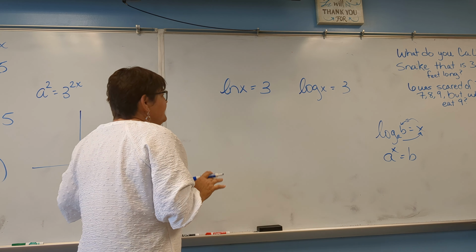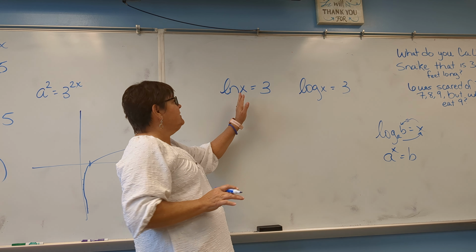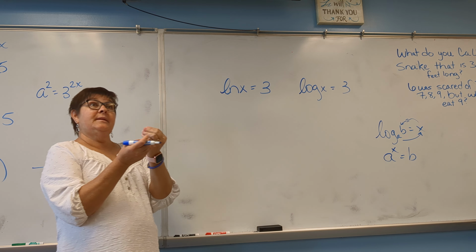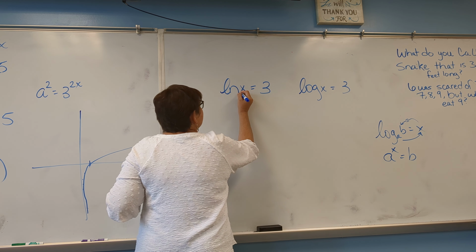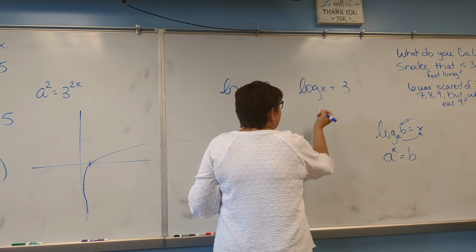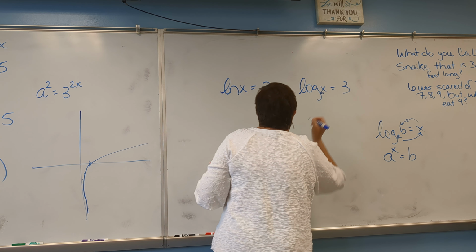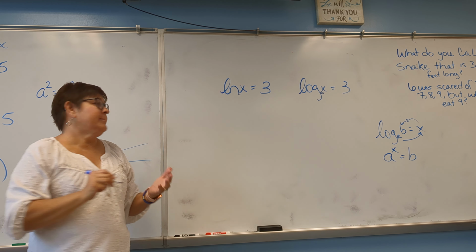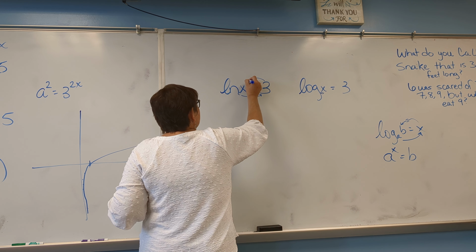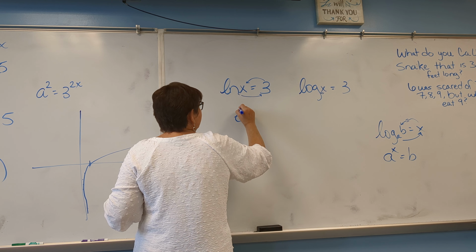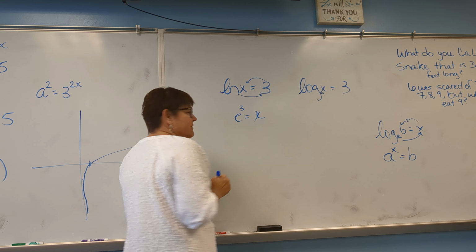So if I'm looking at this, what's the little guy that I don't see? What's my little a in that case? E, because we don't see it, right? And then what's my little guy over here? 10. So same concept. You have E to this power is equal to this. So E to the third is x.